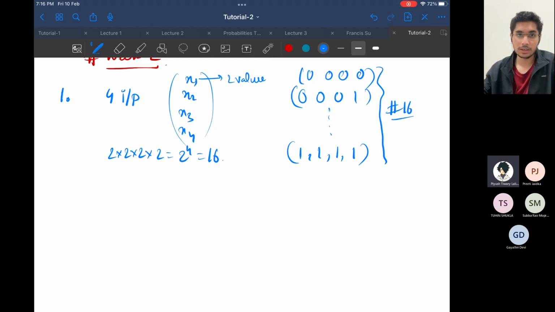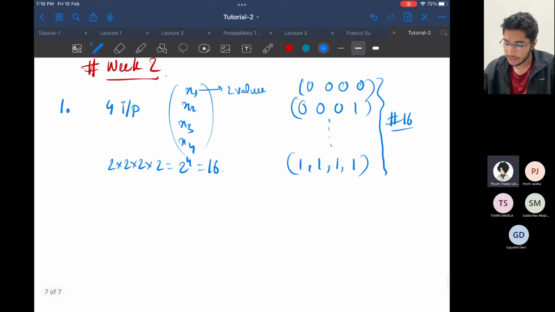And now how many functions can there be? Think of it like this. To create any function, one can assign 0 to this input, or assign 1 to this input. Again, one can assign either 0 or 1 to the next input.